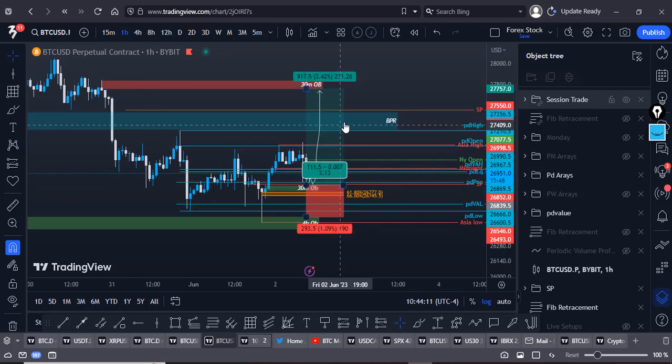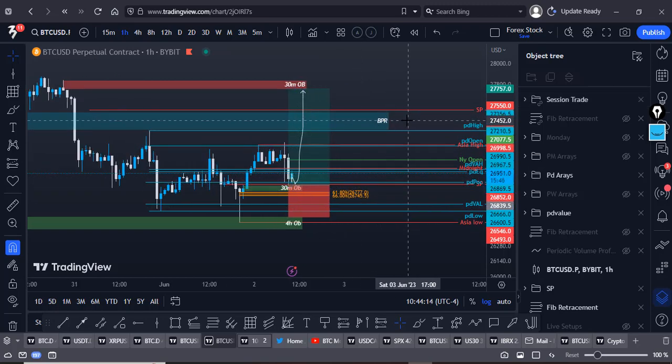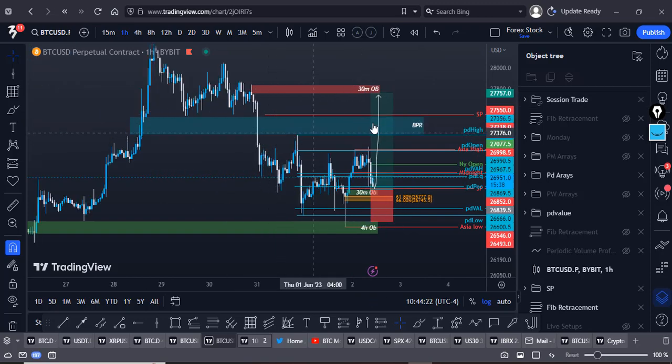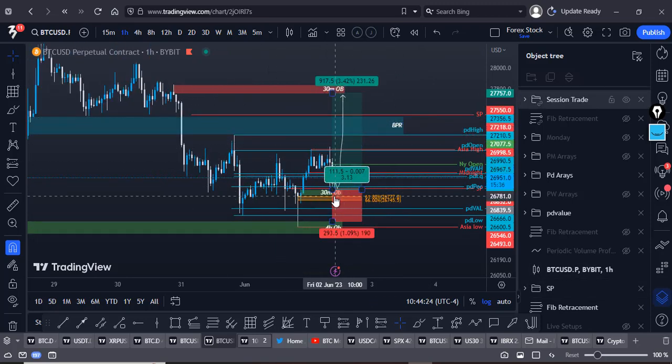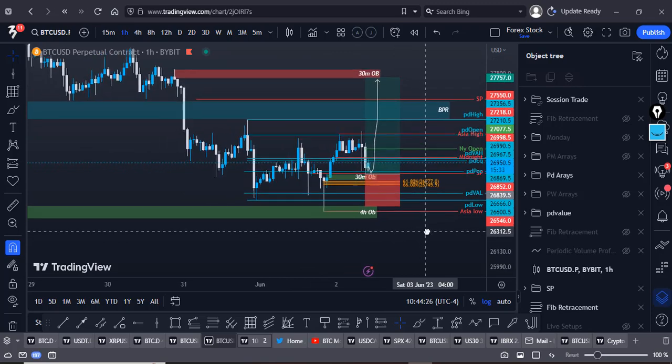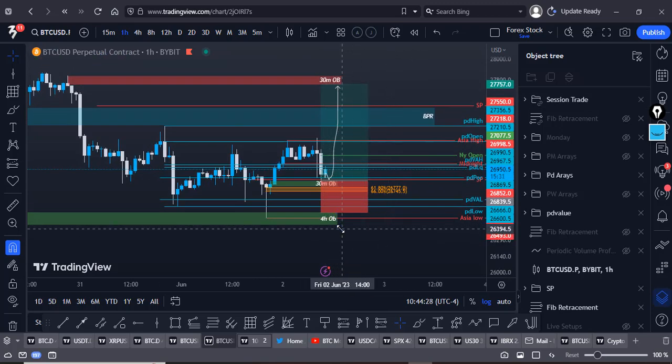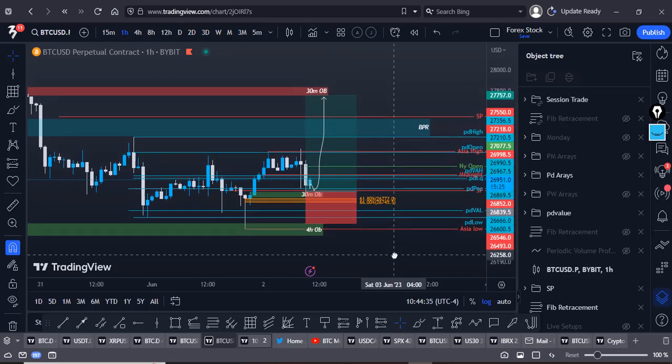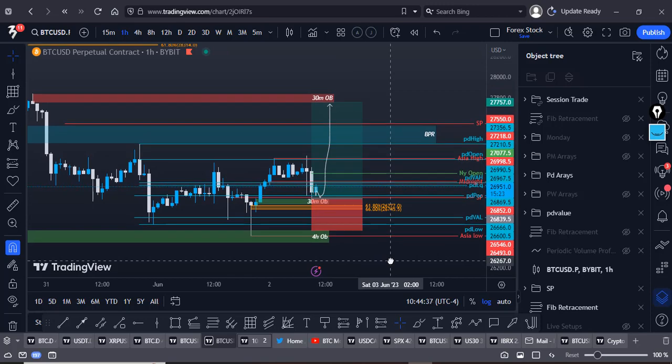So I'm targeting BPR along with my price action zone, the area of interest, along with the 30 minutes order block there as well. So 30 minutes to 30 minutes order block, the demand zone makes sense for me, because we are having a really fine reaction from this current 30 minutes order block that you can see right now.